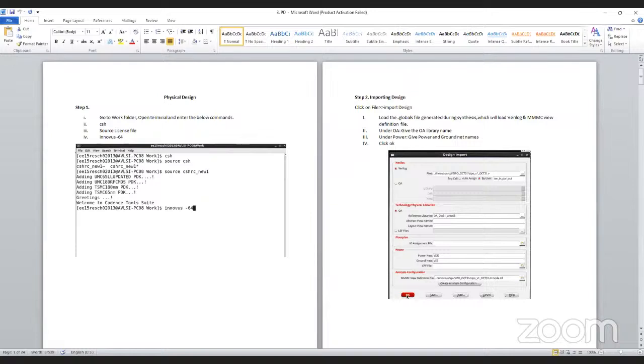While generating the bitstream, sometimes the dot bit file doesn't generate automatically, sir. How do I find the path of the dot bit file? Janavi, which tool are you using? Xilinx Vivado, sir.